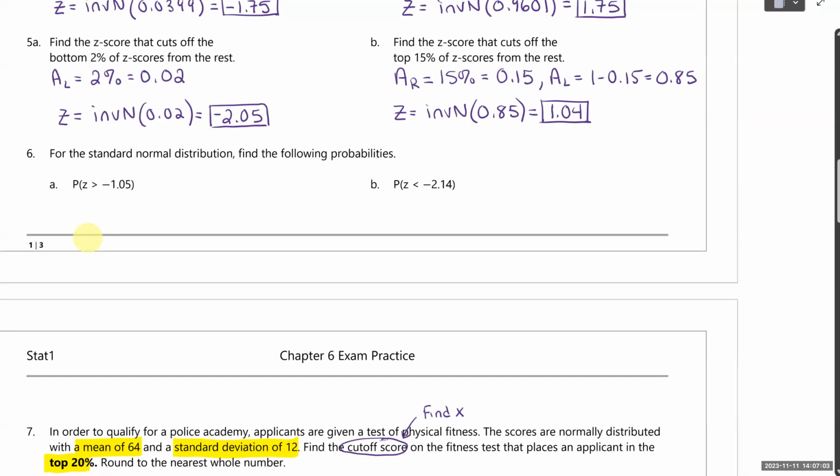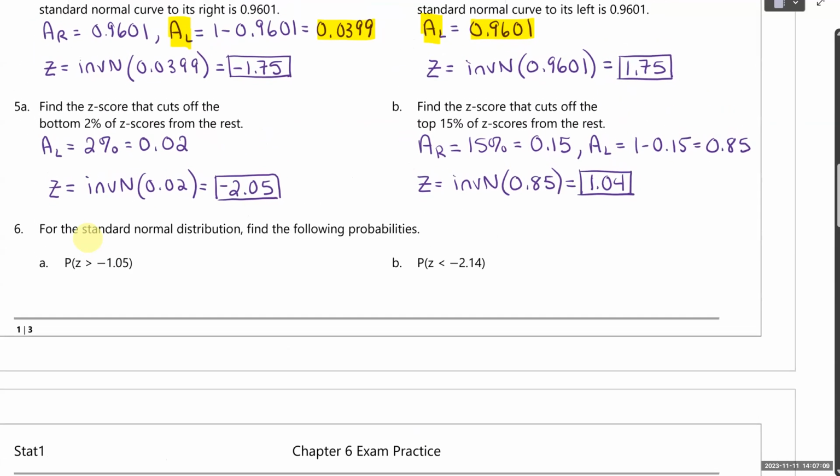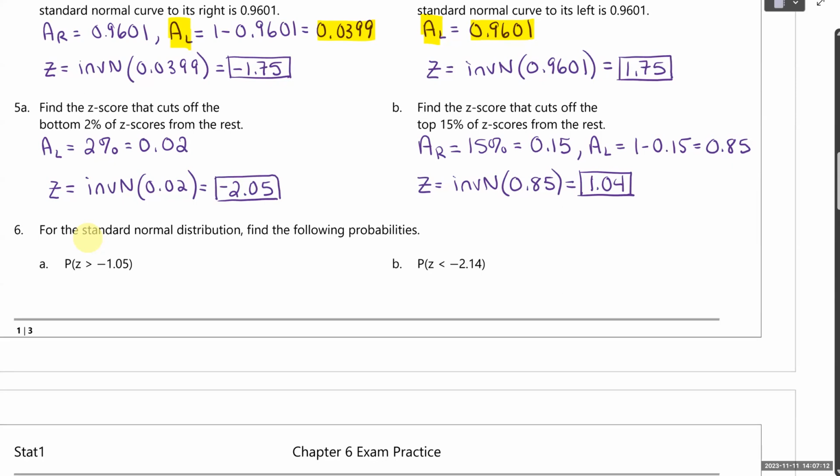All right, and then I'm going to end here on this page with some probability questions regarding z-scores, just to remind you that the order you enter the values makes a big difference and we need to get them correct. So if we're looking for probability or area, it's normal CDF. And if it's a greater than question, that indicates we'll be shading numbers to the right of negative 1.05. So the greater than case, we would start at that value as your lower bound, and your upper bound is our infinity substitution there, our E99 for infinity.